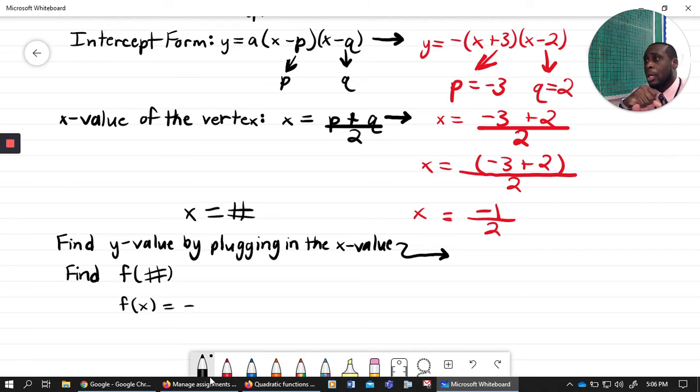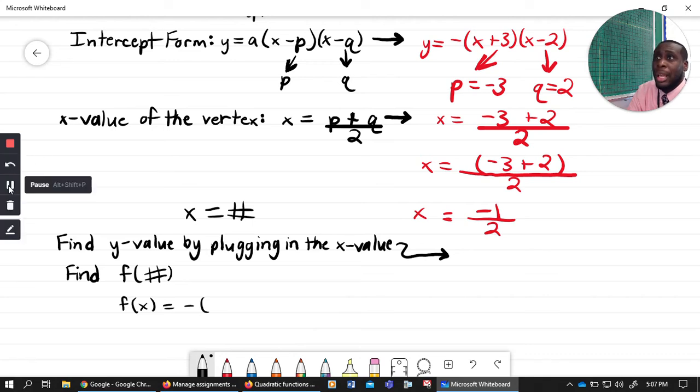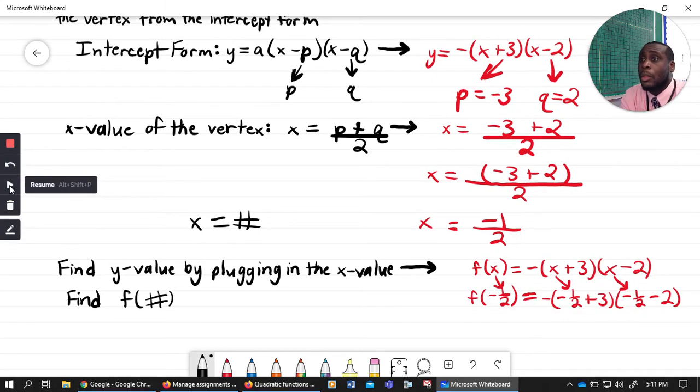Alright, so again, the particular equation that we've got right now is negative, x plus 3 and x minus 2, with a negative sign out front. We see here, guys, that we want to plug in for each place where you see x.